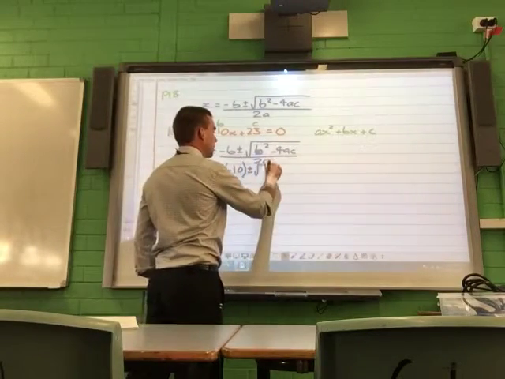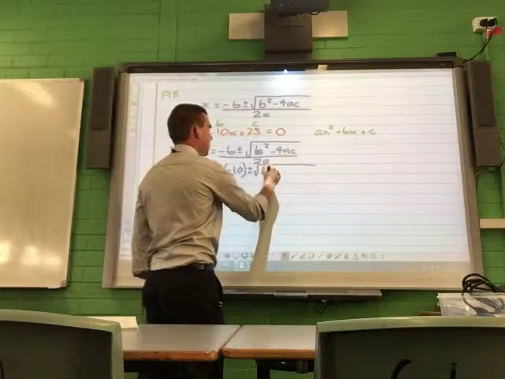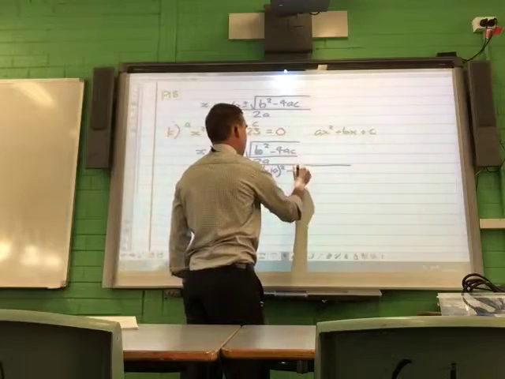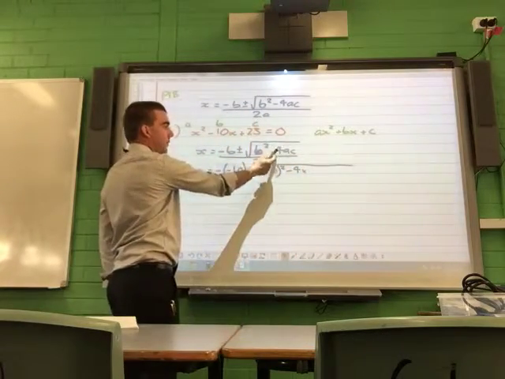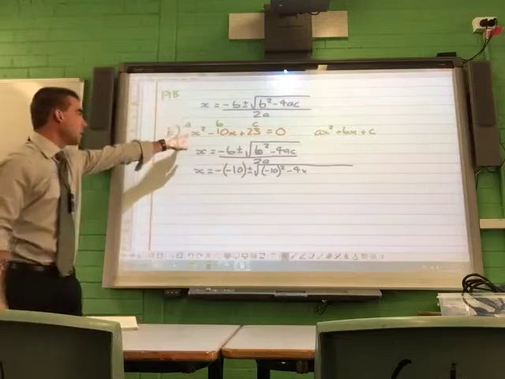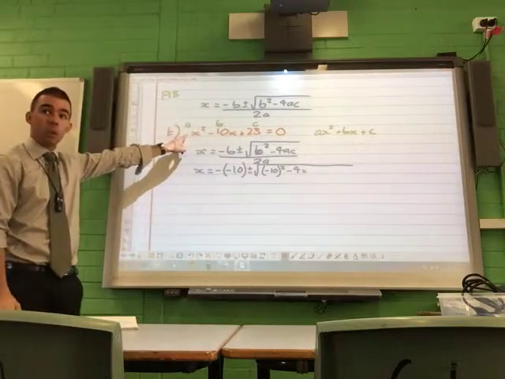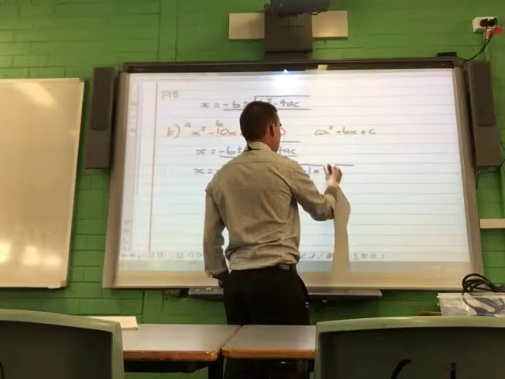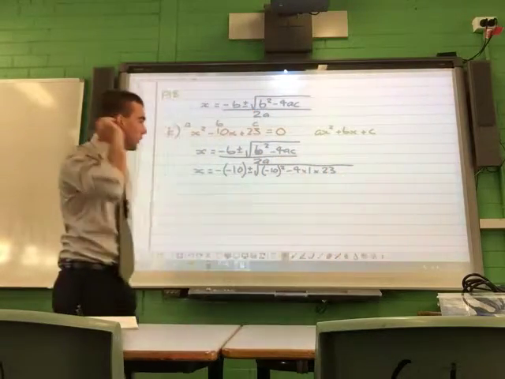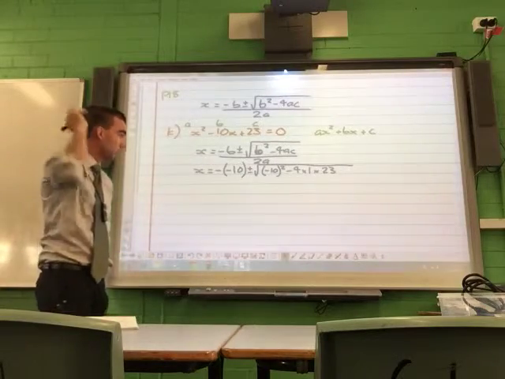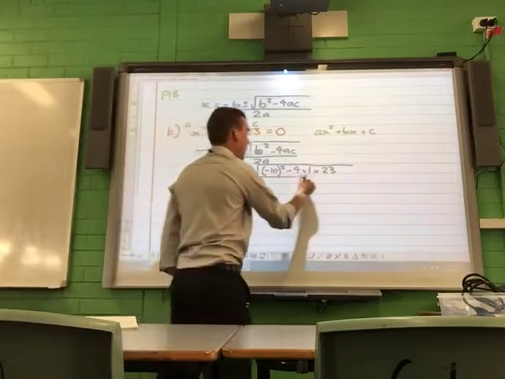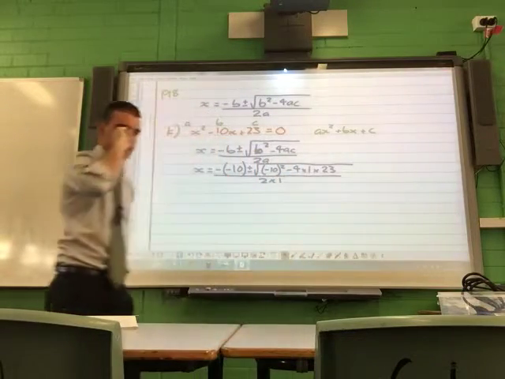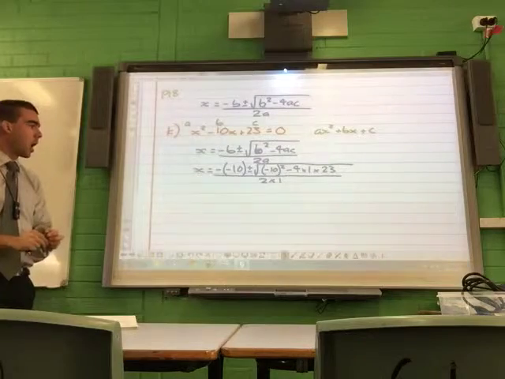Plus or minus the square root of b squared, so negative 10 squared, minus 4ac, 4 times a times c. a is the coefficient in front of x squared, which is 1, and c is the constant term. So 4 times 1 times 23, they're both positive, and then all over 2 times the coefficient of x squared, which is 1.